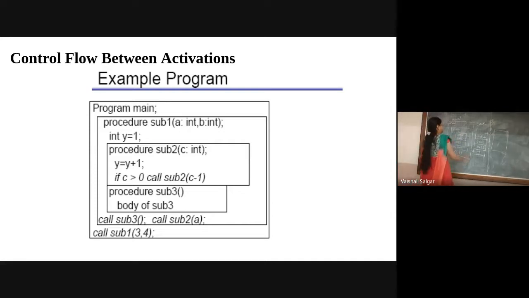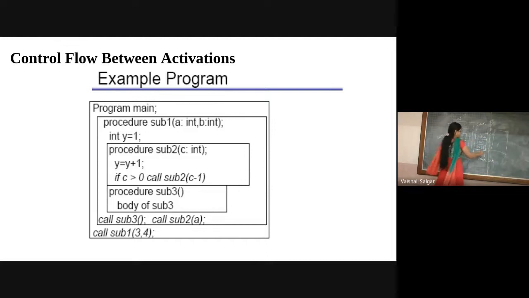So see, at static or compile time, my program knows that there is some sub 1 procedure, but for this sub 1, the activation record will be allocated at dynamic time. So obviously, for each procedure, there is a concept of static link. Right.